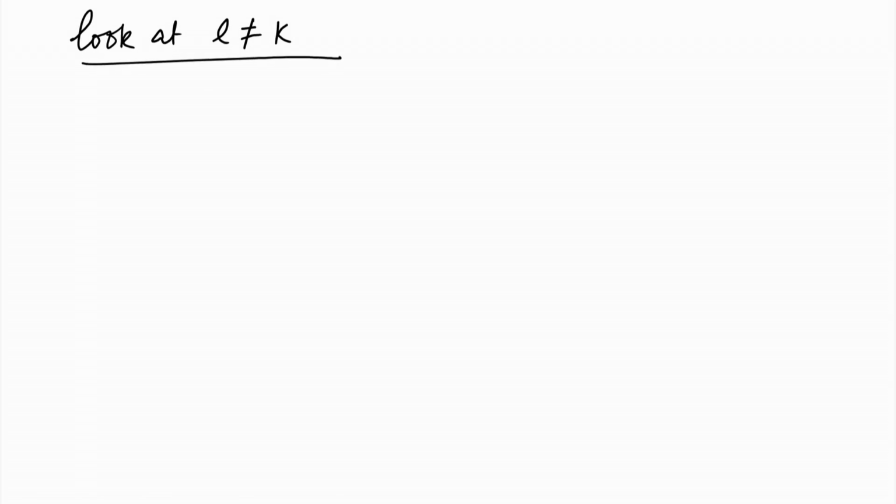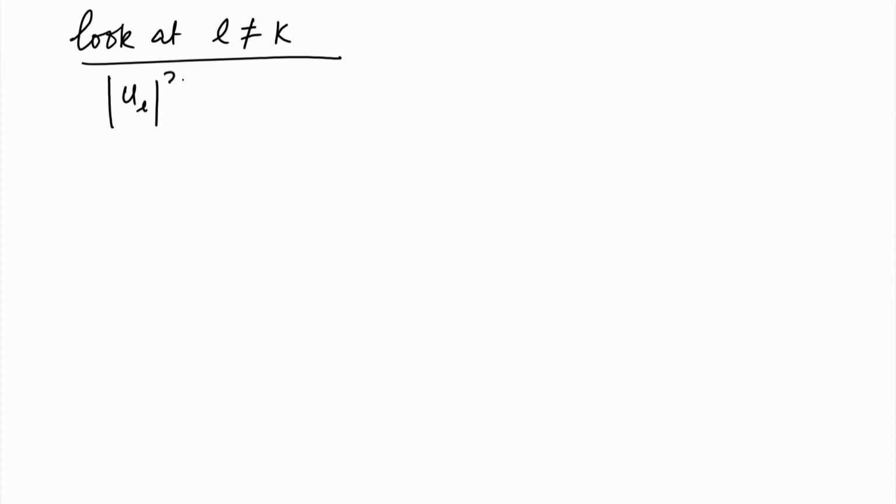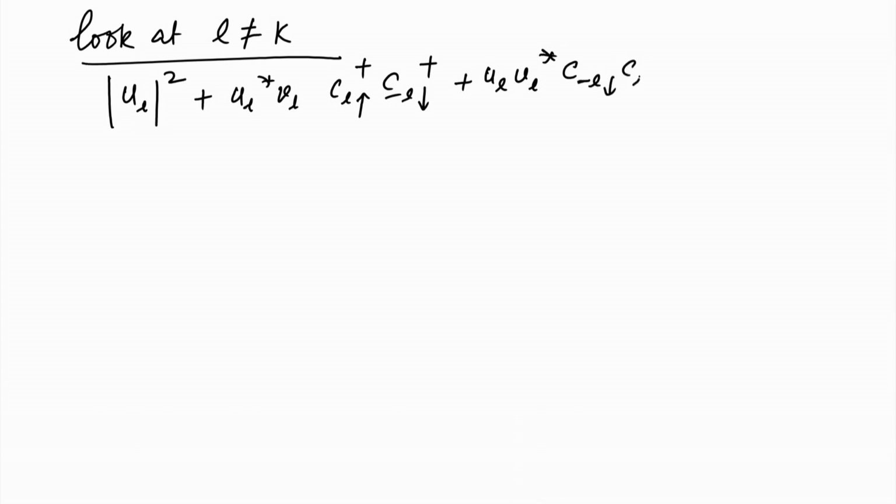Now, you can understand that this will have |u_L| square, then u_L star v_L with a c_L up dagger c_minus L down dagger, plus u_L v_L star and c_minus L down c_L up, and plus a |v_L| square c_minus L down, c_L up, c_L up dagger, c_minus L down dagger.